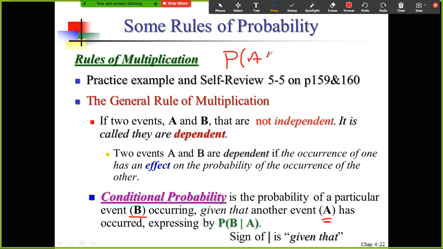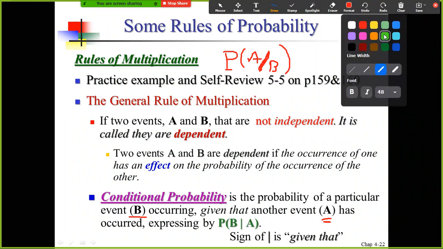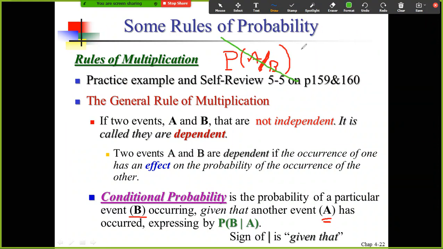What does it mean here? This means probability of event A divided by event B. If you write it like this, it is division. Be careful, this is wrong.